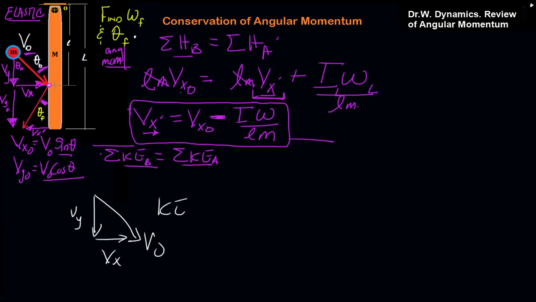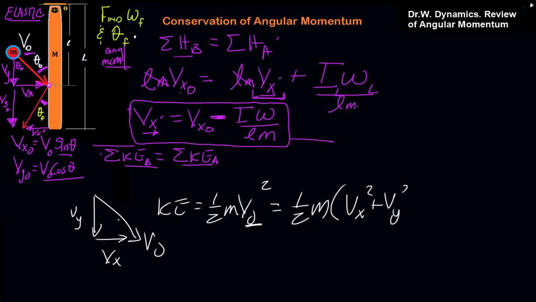So the kinetic energy is 1/2 m V0 squared. Now V0 squared by the Pythagorean theorem would be Vx squared plus Vy squared, which tells us we can break this apart into 1/2 m Vx squared plus 1/2 m Vy squared. Now we can do that because they're squared.